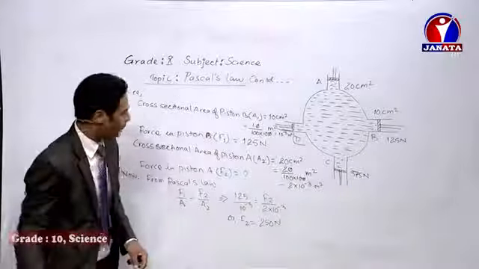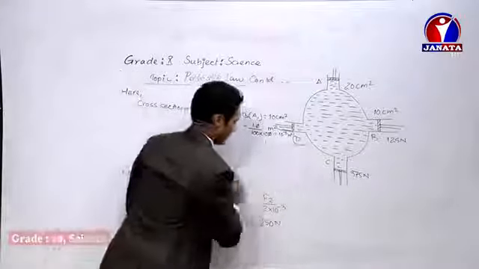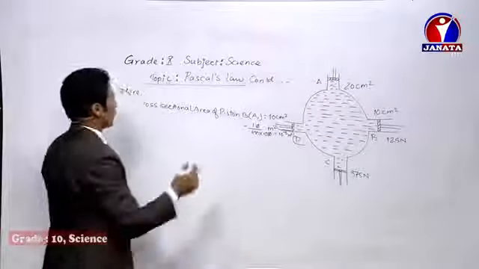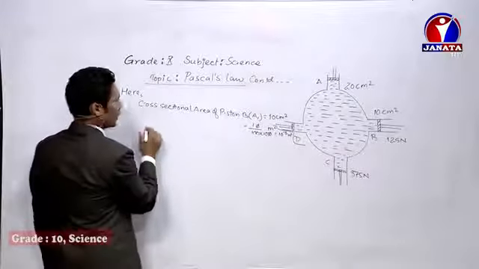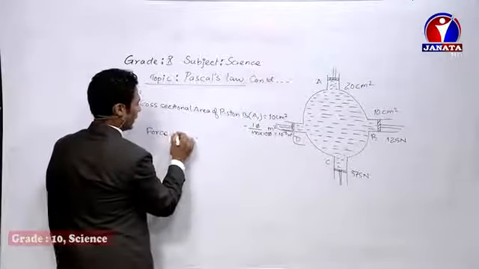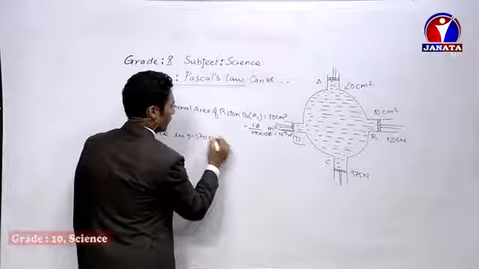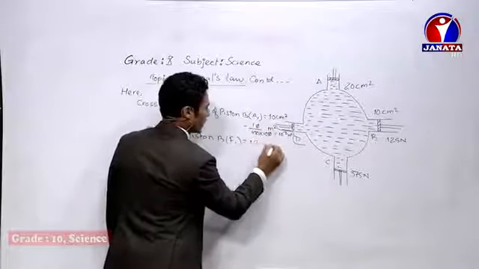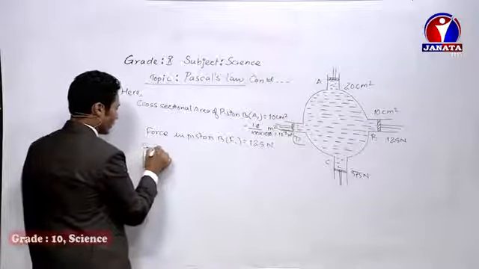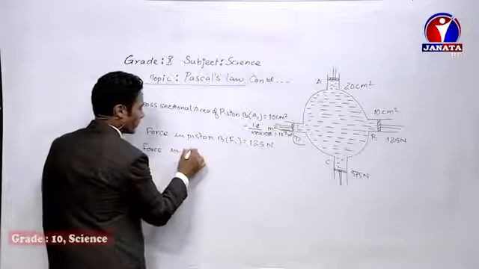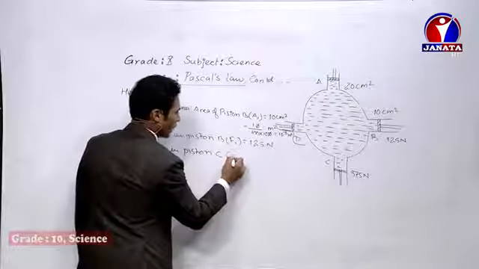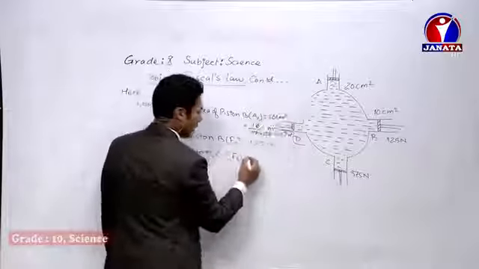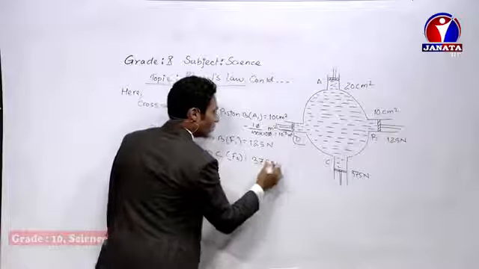So let's calculate this one. The cross-sectional area is as it is, and the force on piston B, that is F1, is 125 Newton. Similarly, the force on piston C, I will write as F3, because F2 I have already used for piston A. So this F3 is 375 Newton, right?